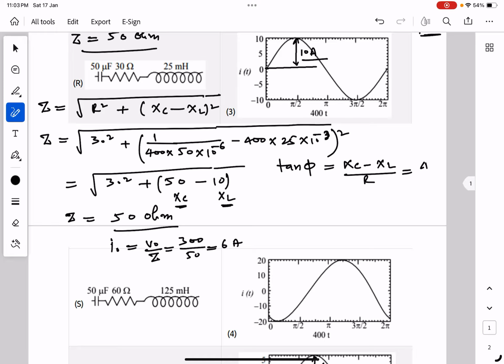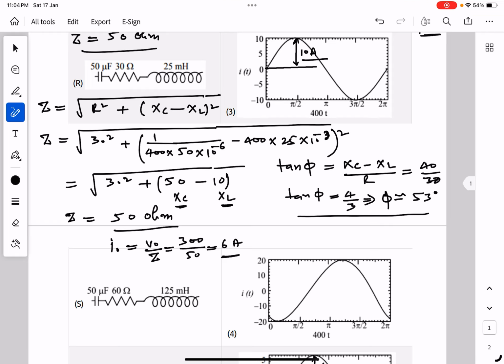This is equal to 40 upon 30. So tan phi is equal to 4 upon 3. This gives us phi approximately equal to 53 degree. So amplitude of the current is 6 ampere and current leads the voltage by 53 degree.